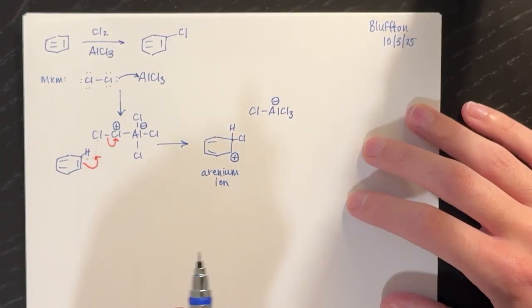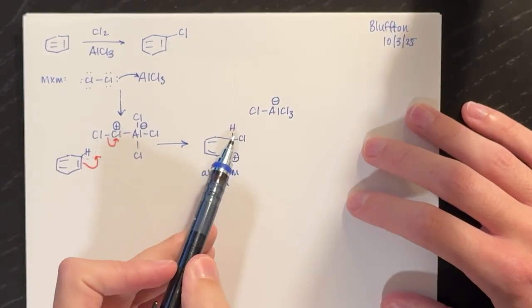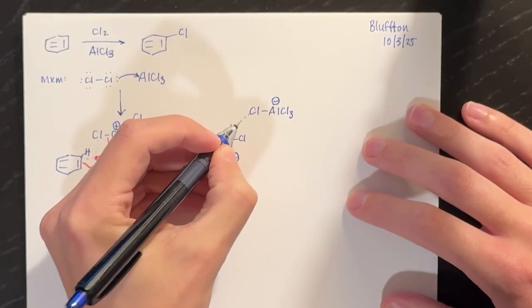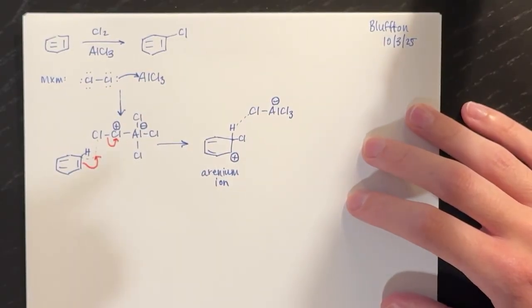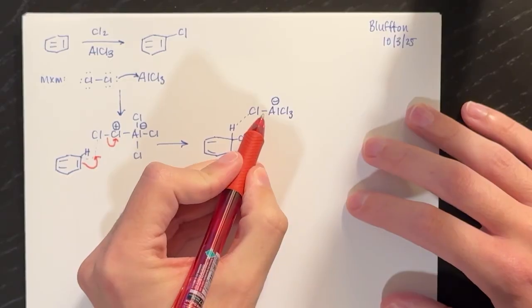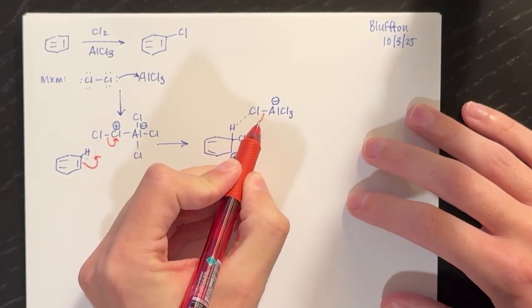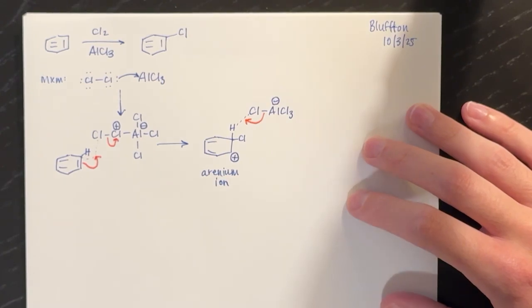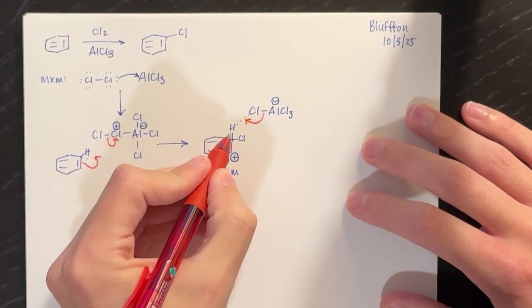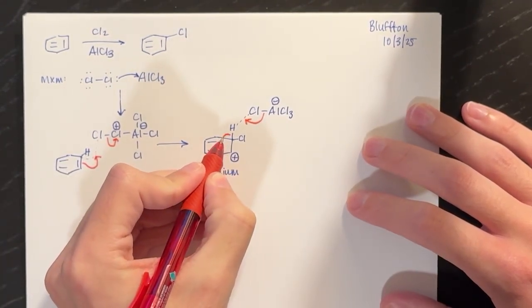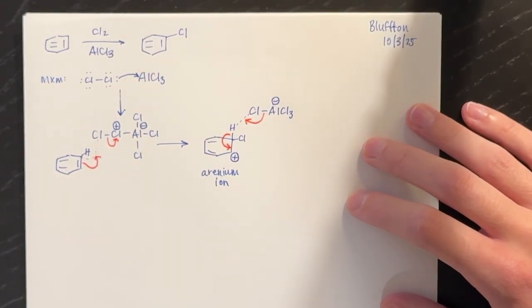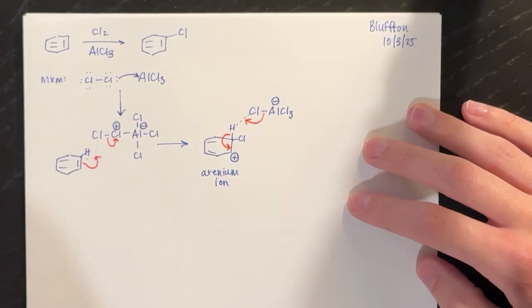aromaticity. So we're going to do that by eliminating HCl, hydrogen chloride. So we're going to form a bond between hydrogen and chlorine. Those electrons are going to come from there. And at the same time, those electrons in the CH bond are going to come down and reform that aromaticity.